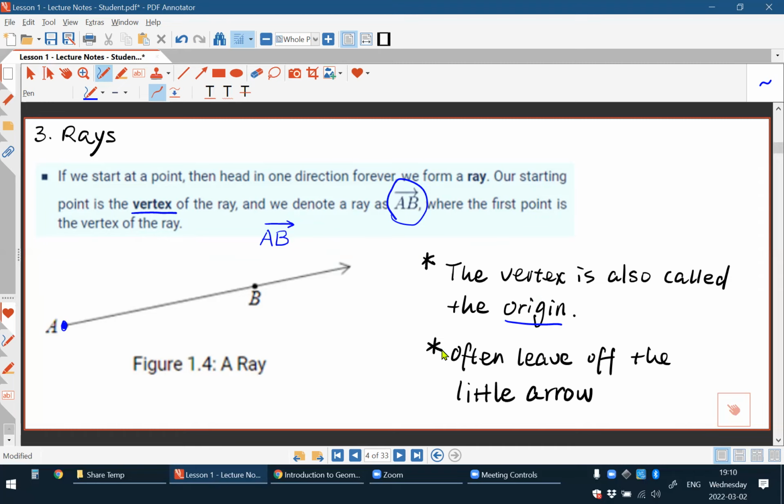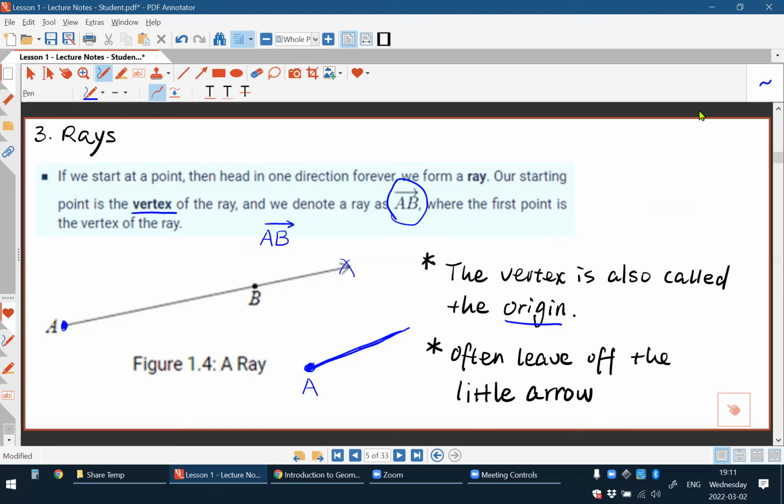And in practice, we often leave off the little arrow here. Sometimes when you draw a ray, you can just draw a vertex and then extend indefinitely along one direction. So this is basically a ray, and this is a vertex. Understand? So this is how we denote a ray. Okay, no questions? No.